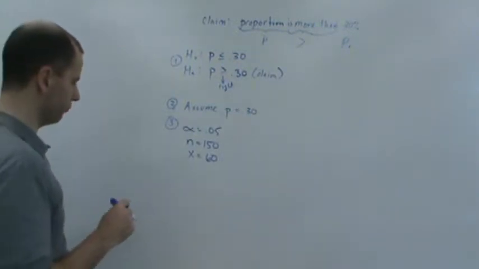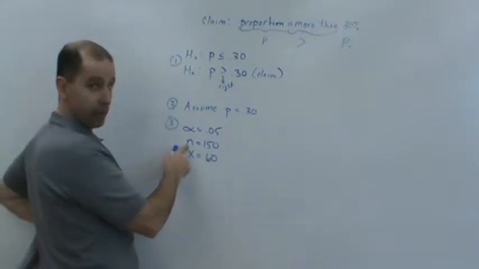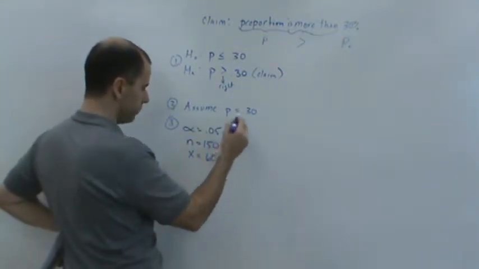Well, let's find out. First of all, let's check our 3 conditions. Is n bigger than or equal to 30? Yes.